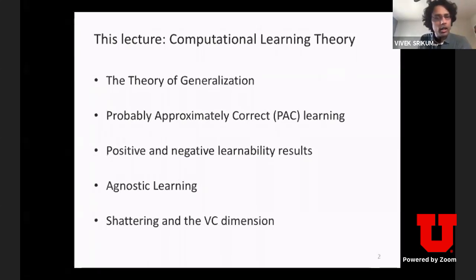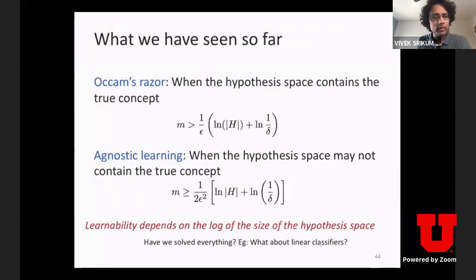Okay, so today we're going to talk about shattering and VC dimension, and the setup for this is something that we saw at the end of the last lecture. Both of these are Occam's razor results. This is Occam's razor for agnostic learning.